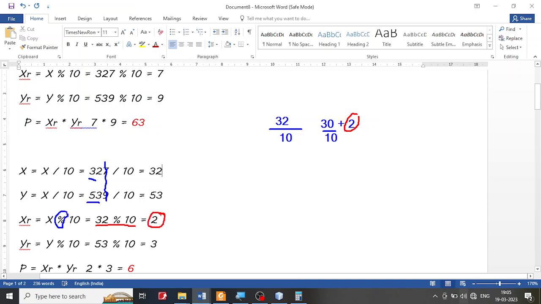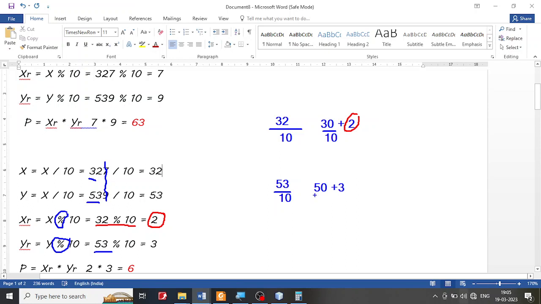Got it. In the same way, take 53. Divide it by 10. However, this division is not the integer division. This division is the modulo division, that is the remainder of division. So 53 can be written as 50 plus 3.